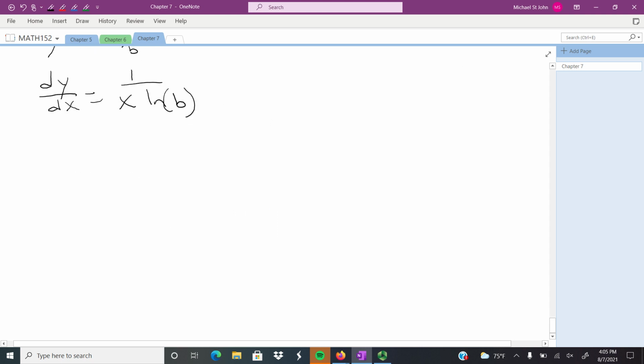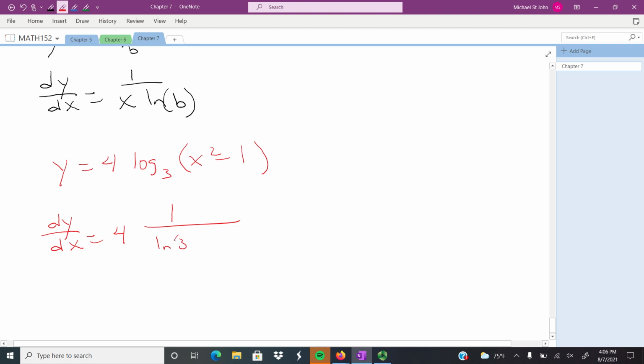And so if I had a question in this form, y equals 4 log base 3 of (x squared minus 1), and I want the derivative, my derivative is going to be 4 up front, 1 over ln 3 times (x squared minus 1), and then the derivative of x squared minus 1 is going to be 2x.